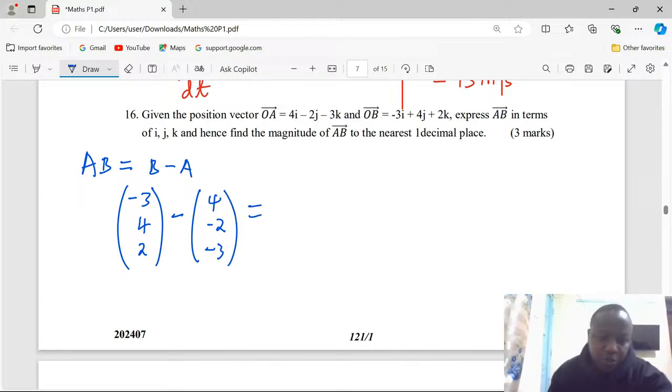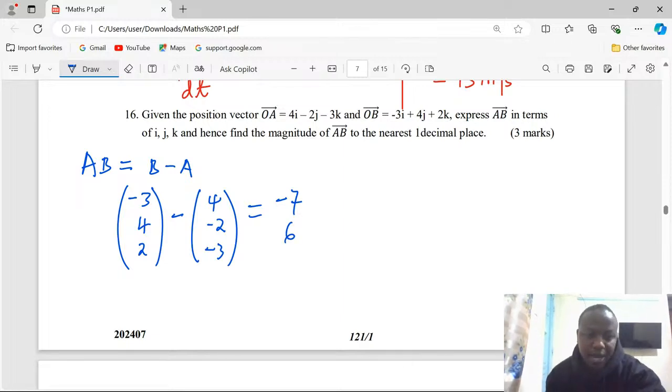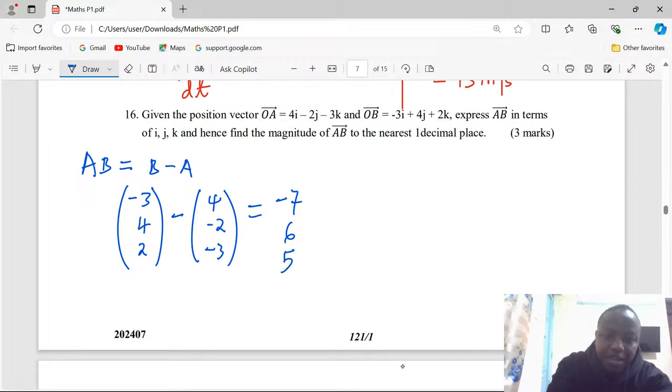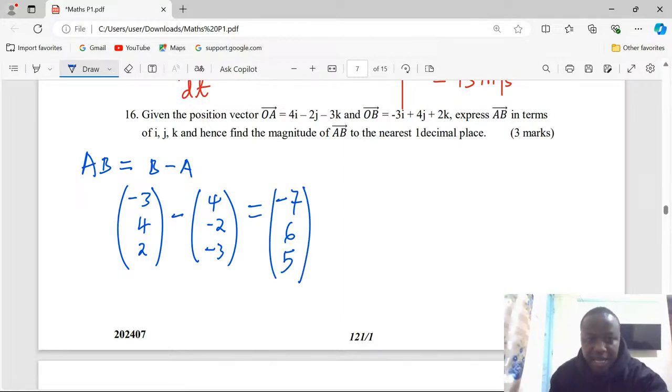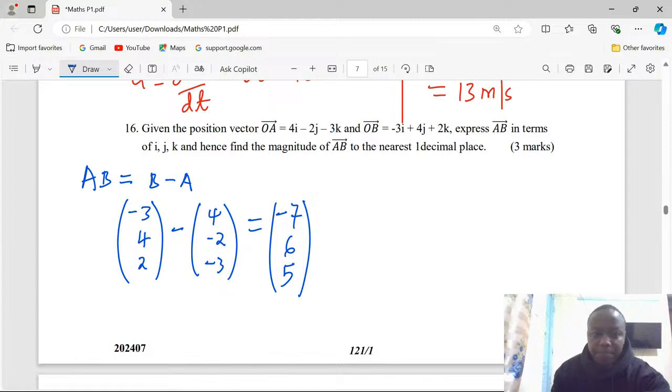Then this is equal to minus 3 minus 4 becomes negative 7. Then 4 minus negative 2 becomes 4 plus 2, which is 6. 2 minus negative 3 becomes 2 plus 3, which is 5. So if this is the column vector of AB, we can first of all express it as i, j, and k according to the instructions.